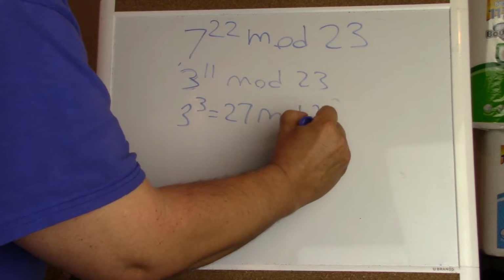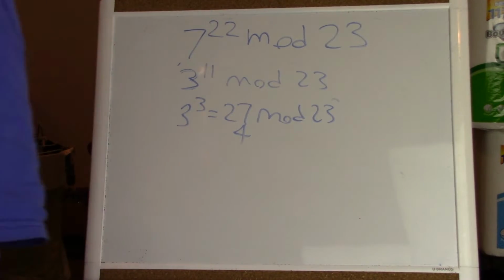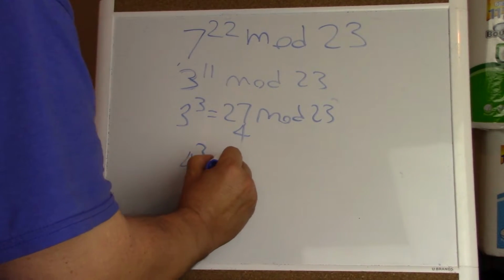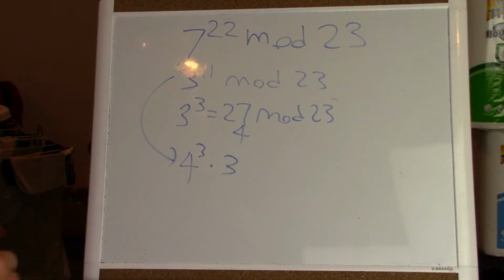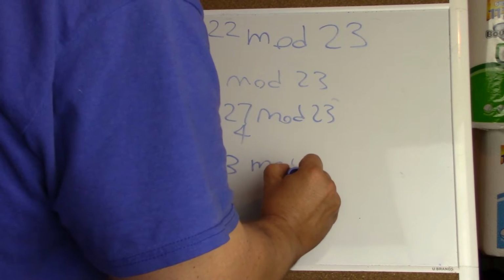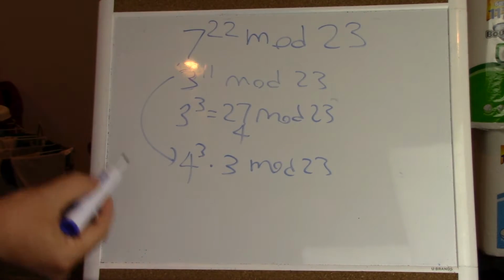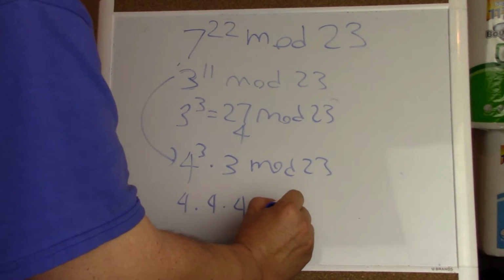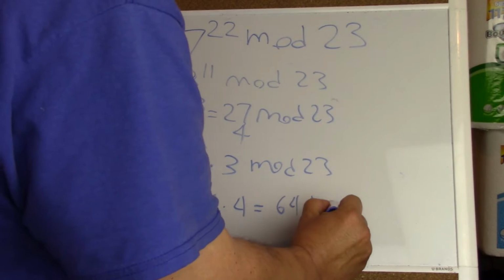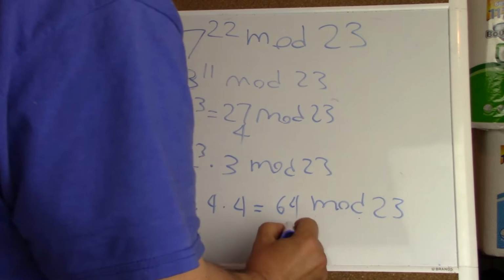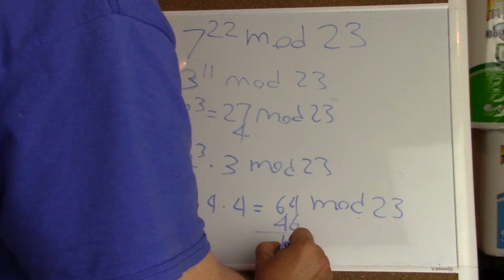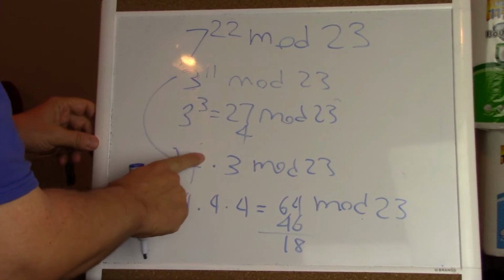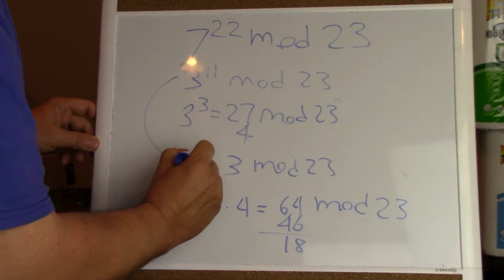And 27 mod 23 is 4. Alright, so there's 3 of those in here, but we still have a 3 left over, mod 23. And we know 4 to the third power is 64. 64 mod 23 is 18. So this all of a sudden becomes 18.